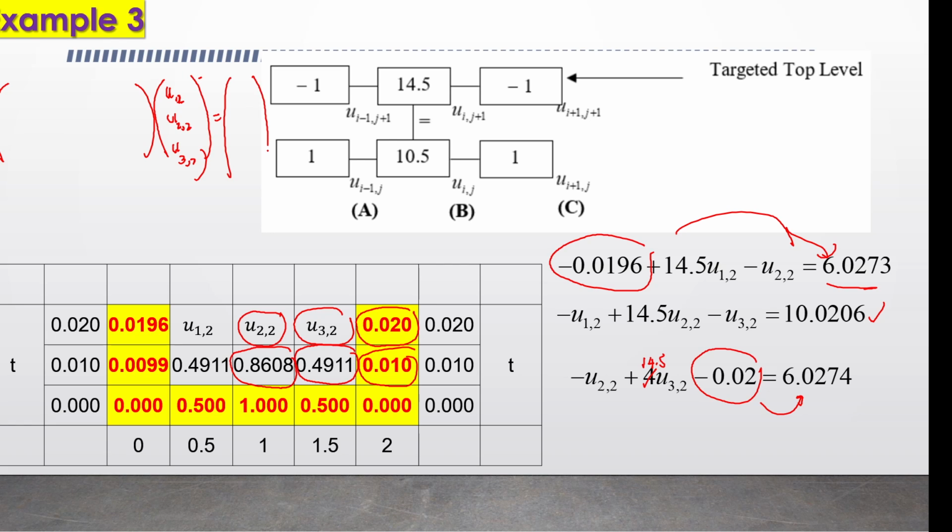The second level is 10.0206, negative 1, 14.5, negative 1, then negative 1, 14.5, and 0, 0.